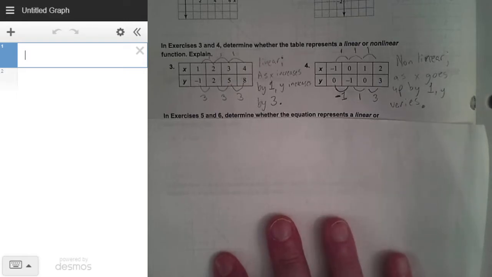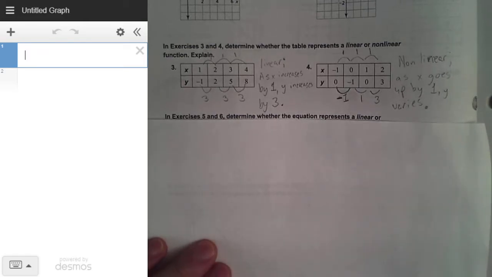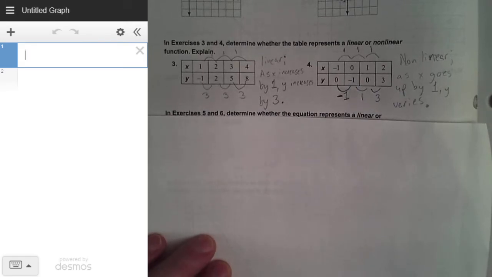We see this constant rate of change, or the y is always changing the same for the same change in x. So we know this is linear, and we can say that as x increases by 1, y increases by 3, every single time in this table.